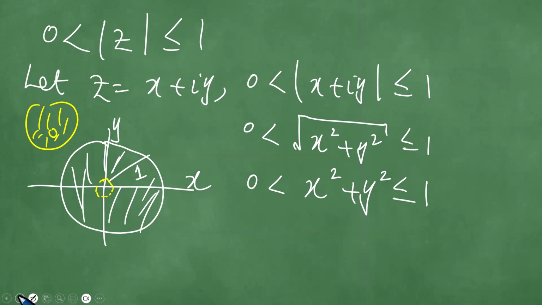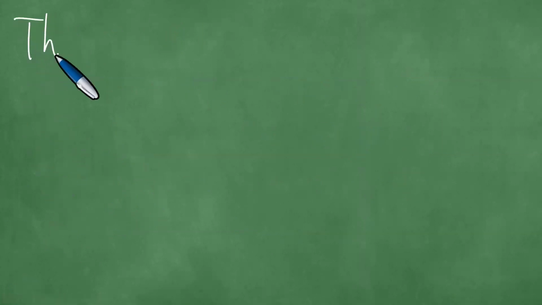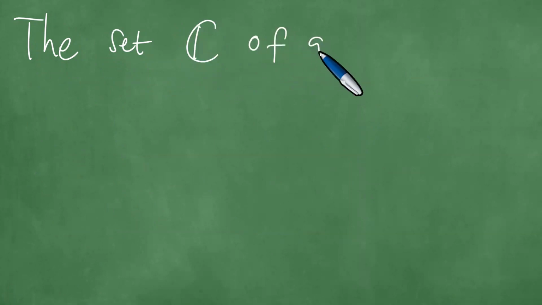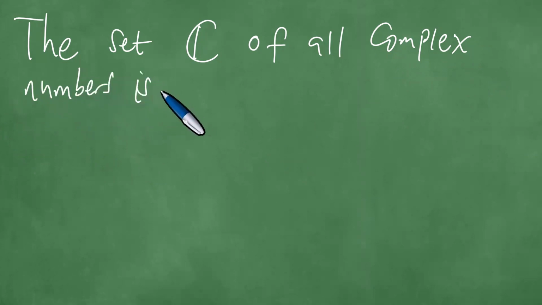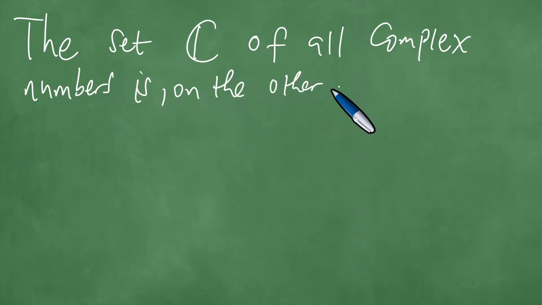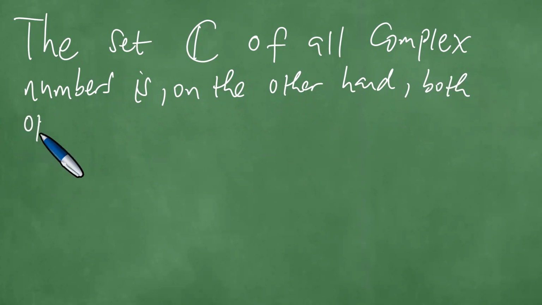Okay, now let's look at this one. Another example. The set C of all complex numbers, on the other hand, is both open and closed.